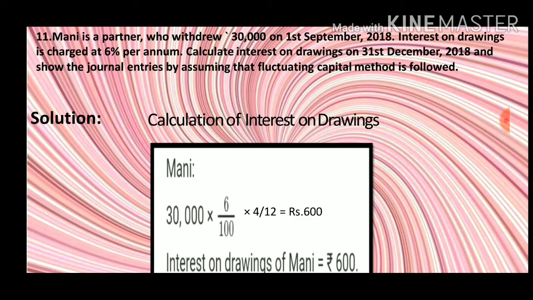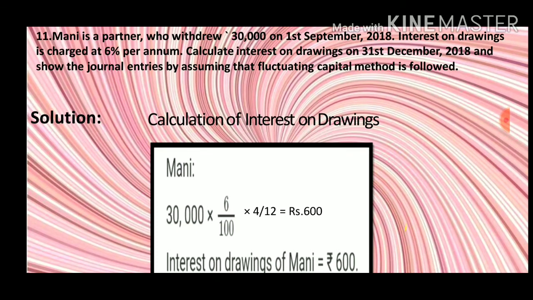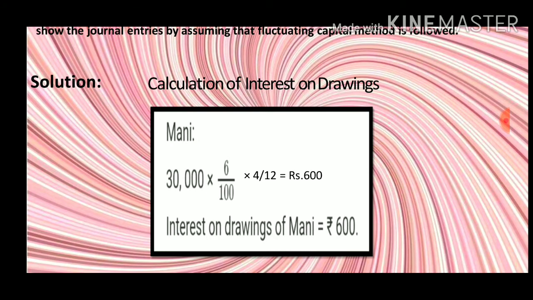Amount of drawings 30,000 into 6 by 100, into the period of interest. There are 4 months: September, October, November, December. So 4 by 12, per annum 12.